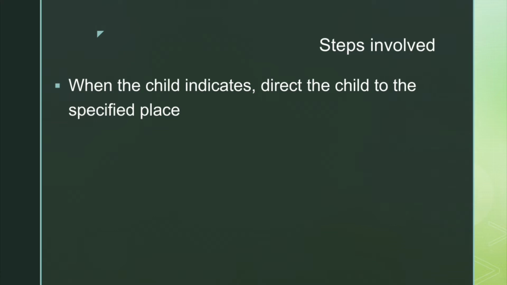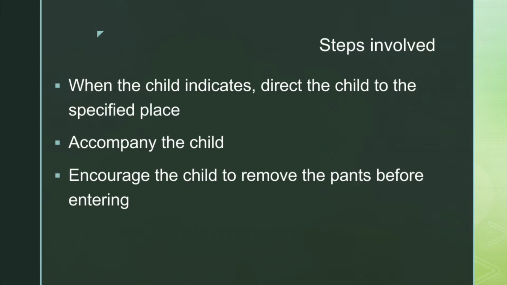So, when a child indicates his need to go and use the restroom, we have to direct the child to the specified place instead of taking the child to the specified place. But we need to accompany the child. After directing the child to the restroom, we have to go behind the child.